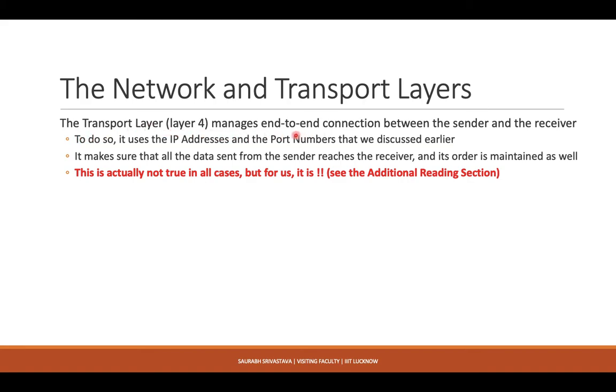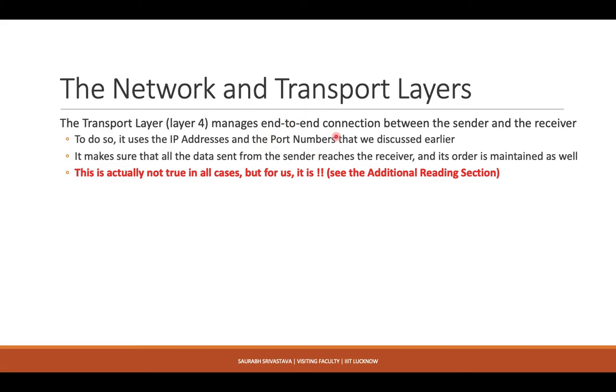So the transport layer is responsible for creating an end-to-end connection between your machine and, let us say, the machine of your friend. This is the layer that manages a connection. To do so, it uses the IP address and the port number, right?